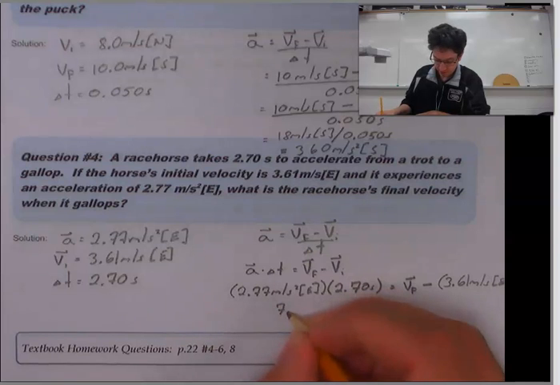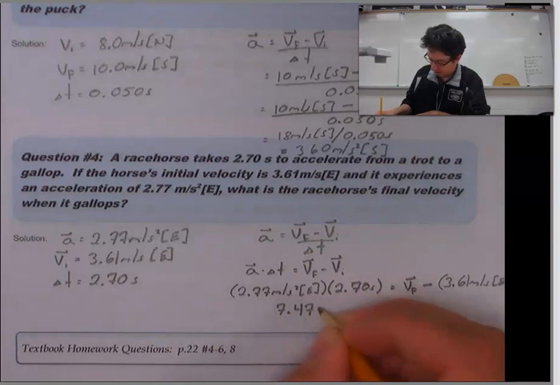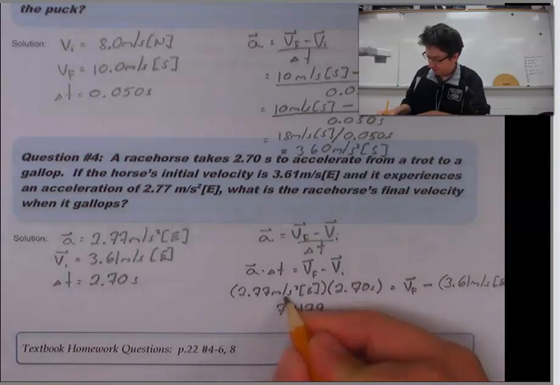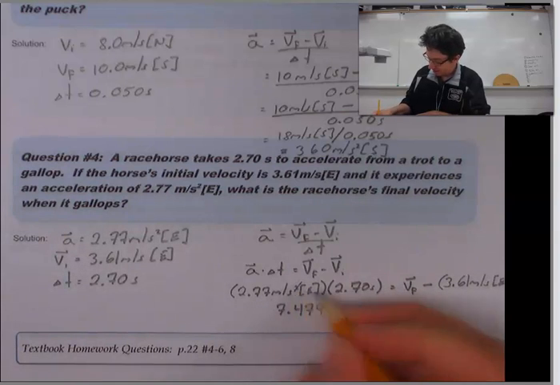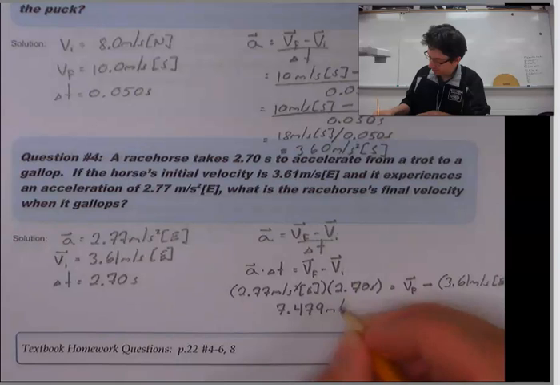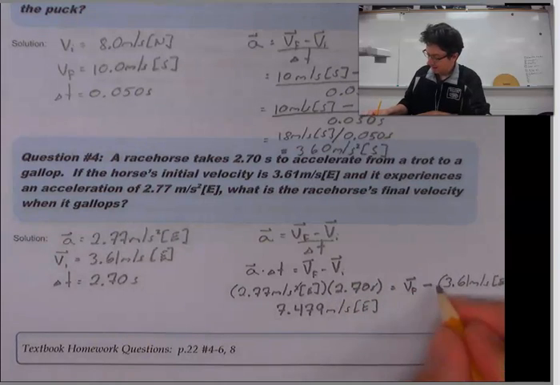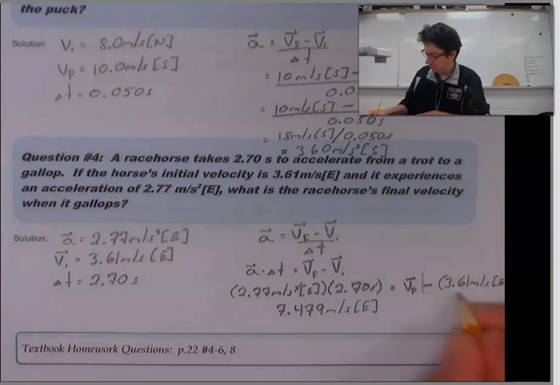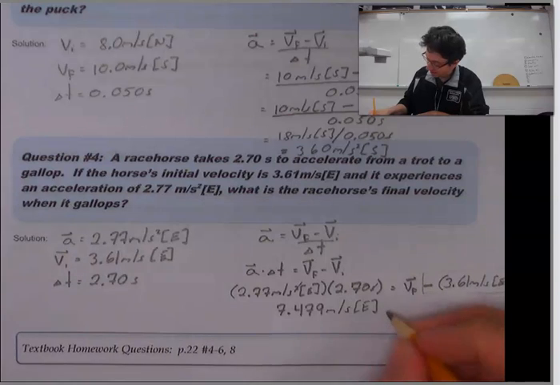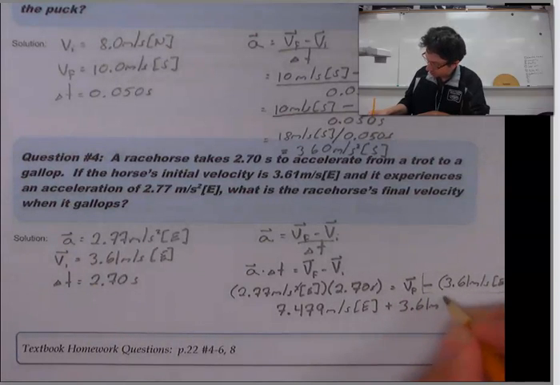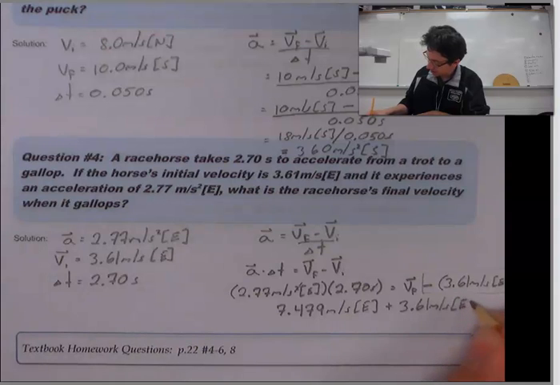So I have 7.479, and meters per second squared times seconds actually just gives us meters per second. And we have east. And then let's bring this term to the other side. So it's subtracting here, so we'll add it to both sides. So plus 3.61 meters per second east equals our final velocity.